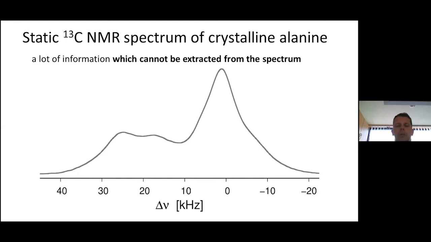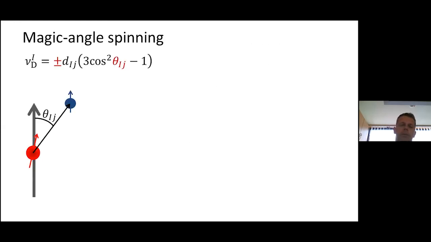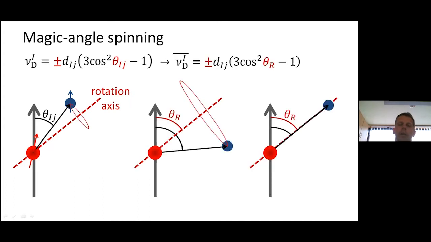And what does this spinning do? Well, for example, for the dipolar contribution, when we spin the sample around the selected rotation axis, it doesn't depend on whether the orientation of the crystallite is such that theta is this value, or that value, or any other value.